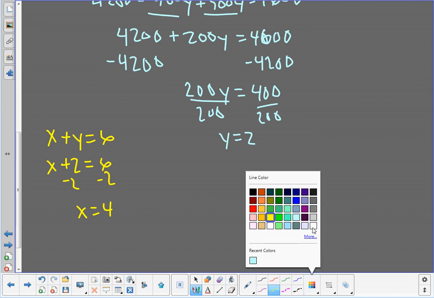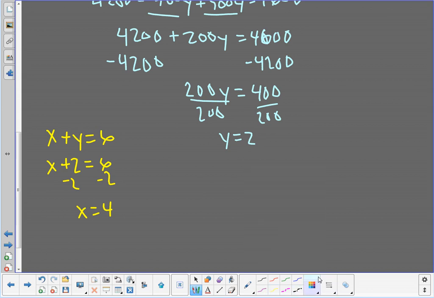So I end up with a solution, and remember that every question that has words needs an answer with words. So I've got to label these. I've got to say what I'm talking about here. There were 4 2-bedroom apartments and 2 3-bedroom apartments.